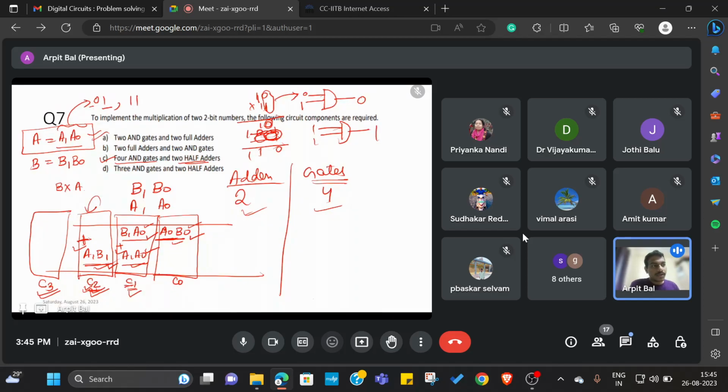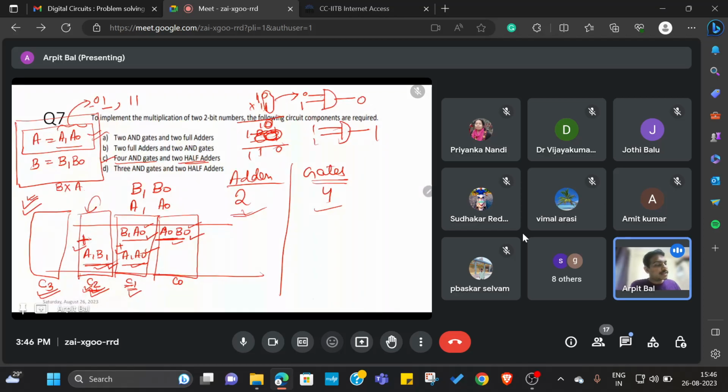So you should be able to do that. Again, as I mentioned, the process should be clear. Arriving at the answer is a different thing, but the process by which we arrive at the answer is more important.